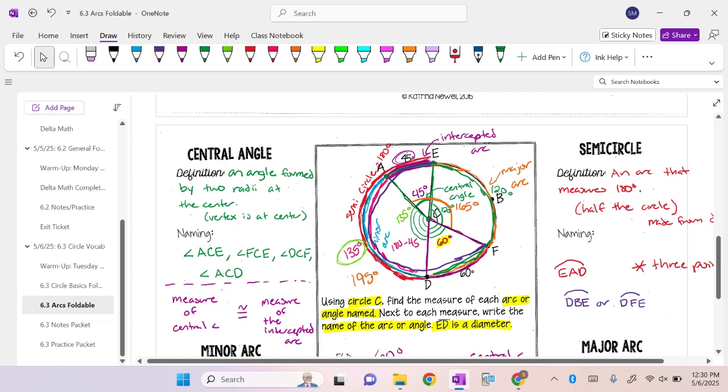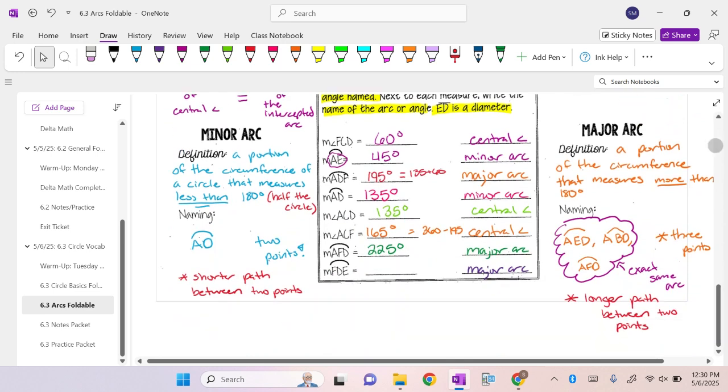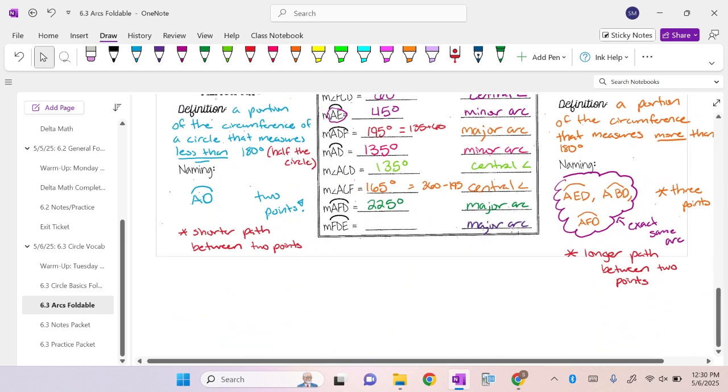How many degrees would that be? From D to E. It's 180. And then we just have to add on from F to D, which is what? 60. So if I add 60 to 180, what's the degree of that arc measure? 240.